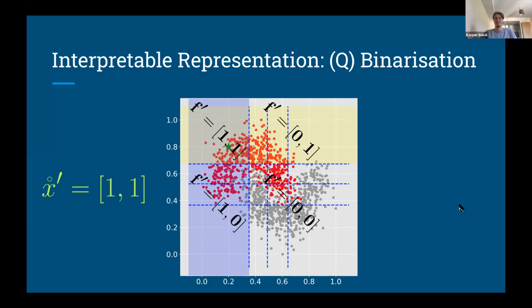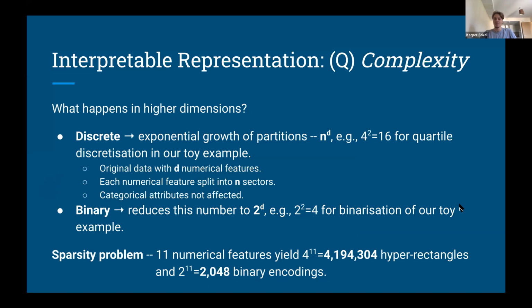There is a problem with this though. Once you discretize, you create a lot of discrete partitions, and they grow exponentially. Basically you have the number of splits on each axis to the power of the number of original dimensions. For our case, we had 16 hyperrectangles in the discrete representation.